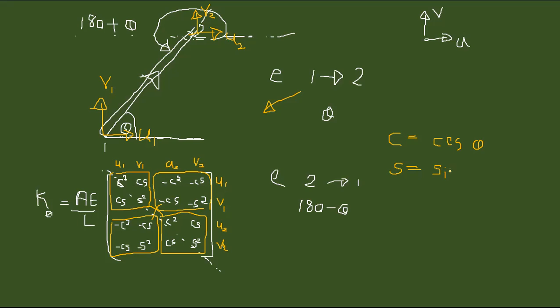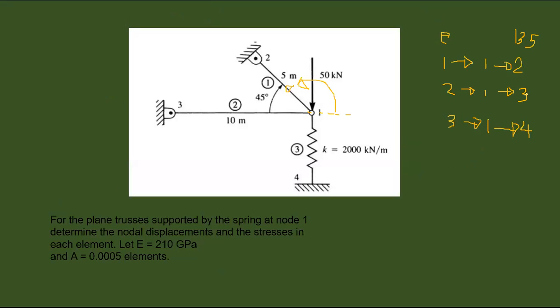C squared means cos squared theta, CS means the product of sin theta and cos theta, and S squared is sin squared theta. And for 1 to 3, the angle is 180. And for the spring, if you consider it from 1 to 4, that will be 270. So we have the angles and everything.